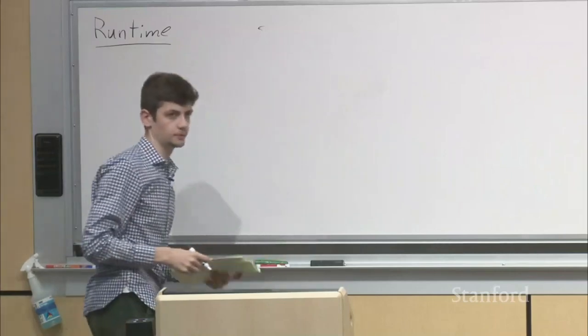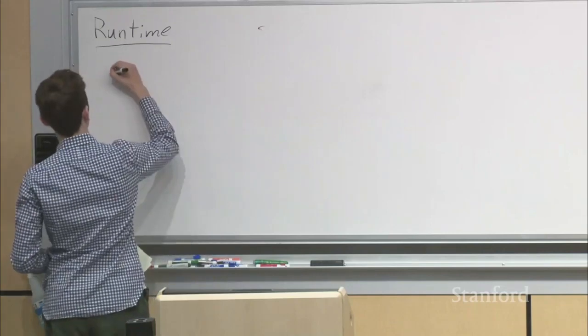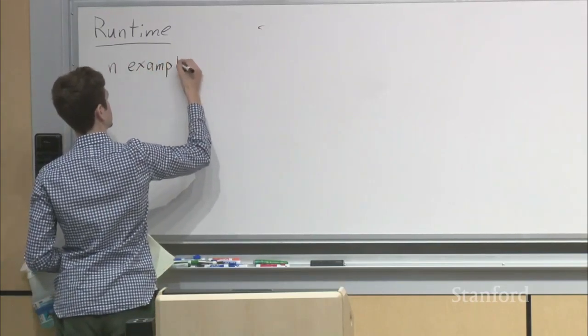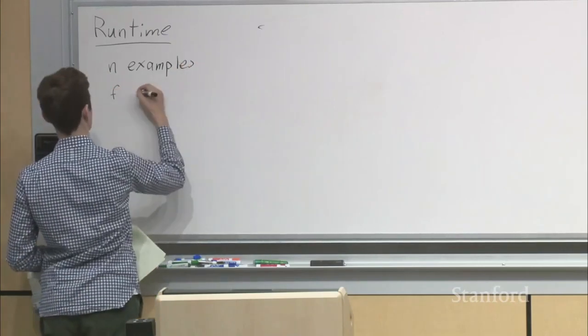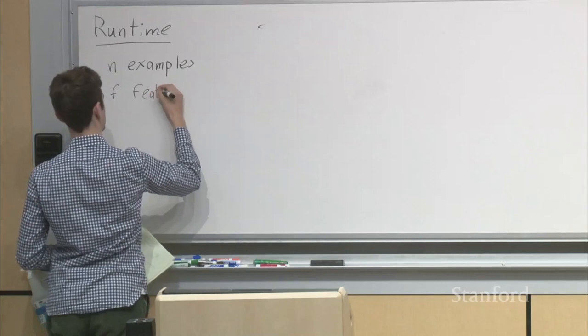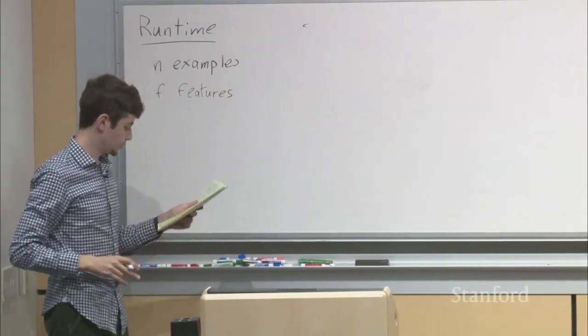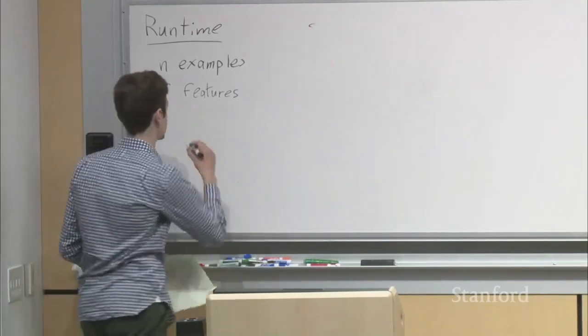It'll be useful to define a couple of numbers at this point. Say you have n examples. You have f features. And finally, say the depth of your tree is d, okay?